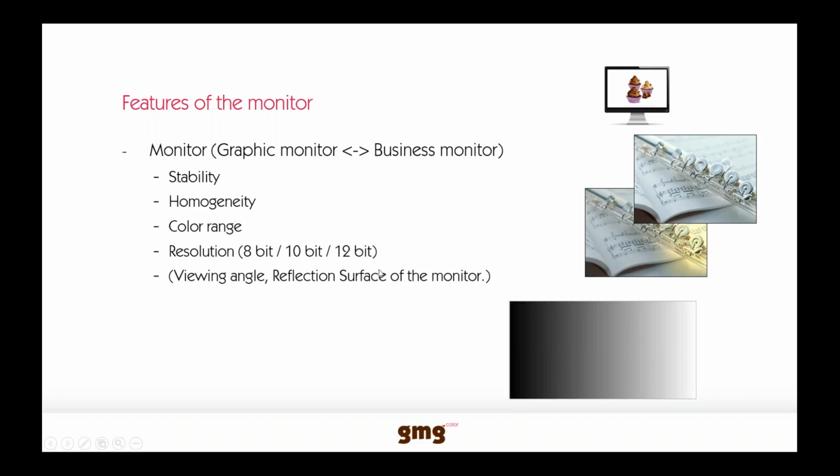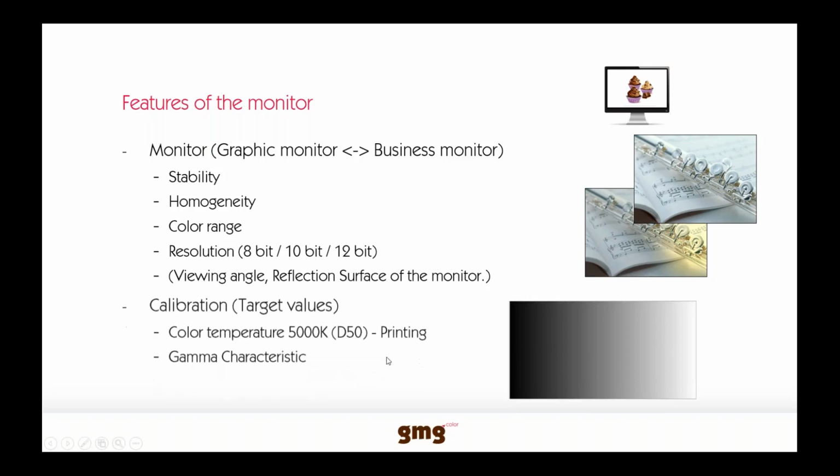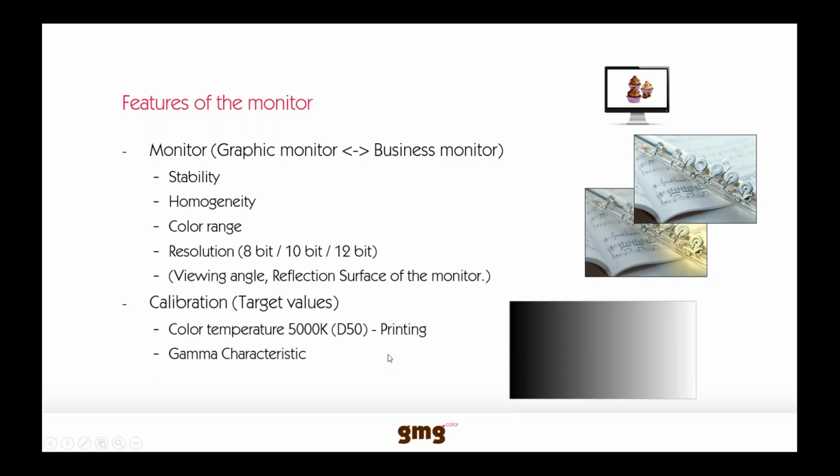Also the reflective surface. We'll also hear something more from EIZO later. Those are different aspects that may influence your result when you compare colors on your monitor. You have to think about calibration targets like the color temperature of your monitor. For example, for the printing industry, it's mostly D50, so 5000 Kelvin, and a gamma characteristic.